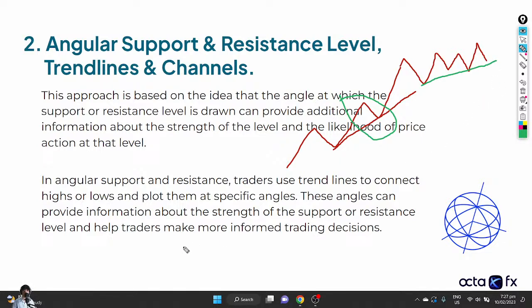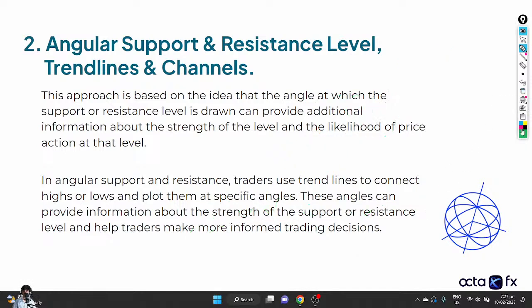So we started a move like this, and then the price started to create a structure like this. If the angle is showing you such a move, then this isn't a healthy trend anymore. We should look for a possible reversal of the trend.